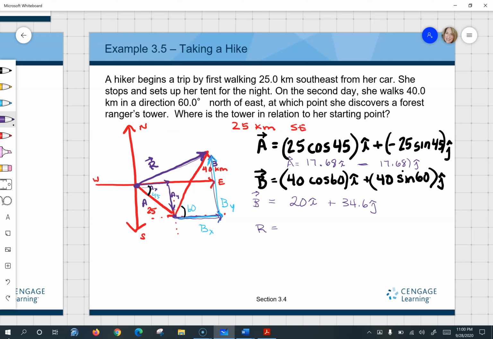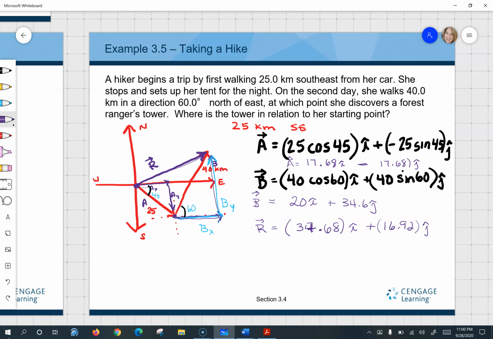So let's first look at this, and we'll say that's going to be 37.68 in i, and then you take 34 and 17, and it'll be a positive 16.92 in the j.